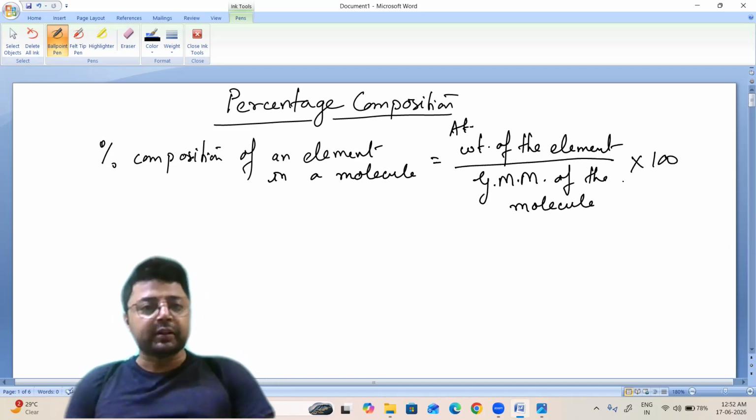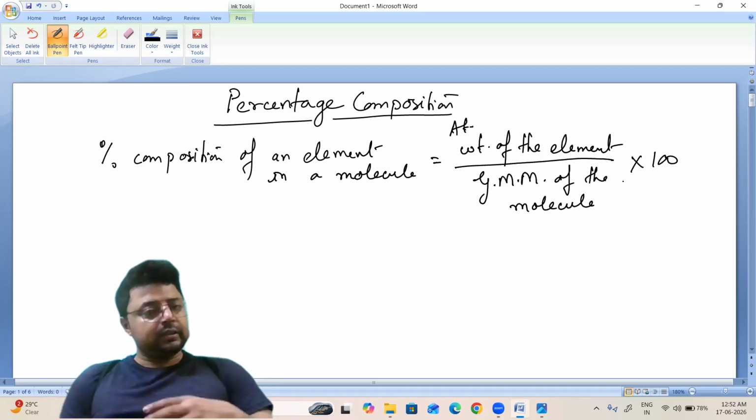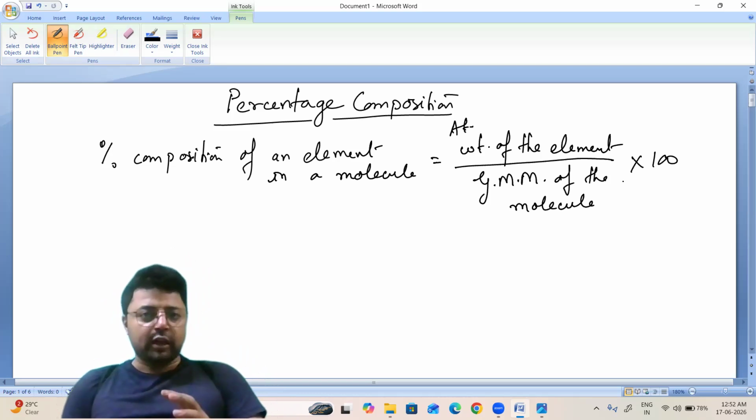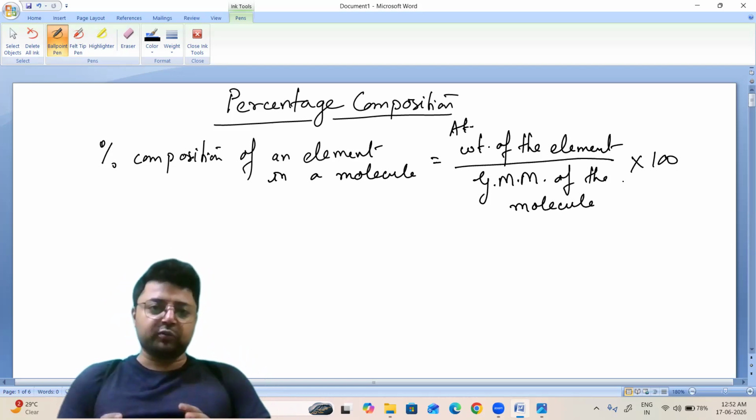This is how you will calculate the percentage composition of an element in a molecule. This is the formula by which you can calculate the percentage composition of an element.